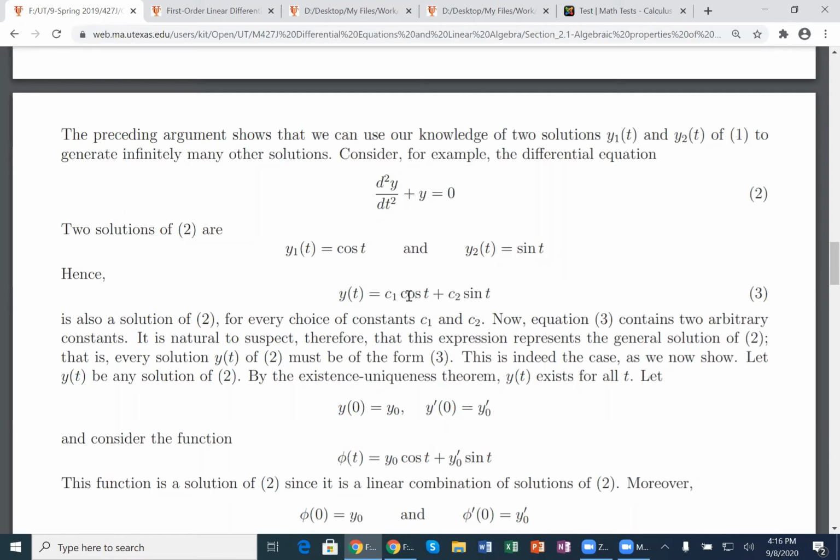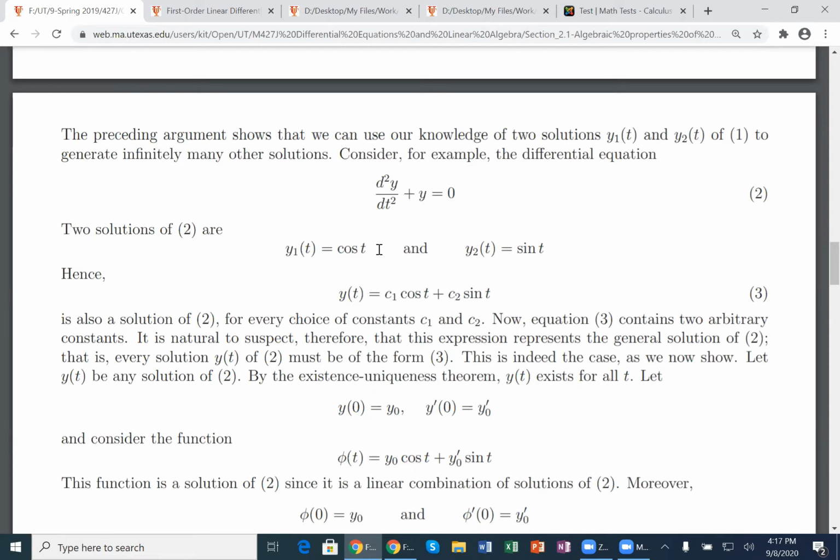But C1y1 plus C2y2 for 0 and sine is C2 times sine, because C1 times 0 is 0. Obviously, C2 times sine cannot produce, for example, cosine.